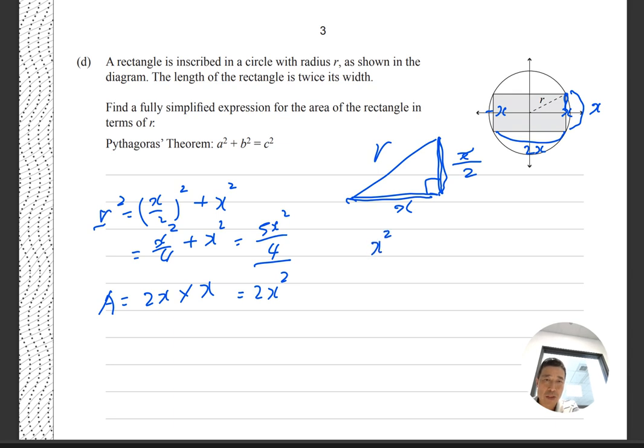So x squared is what? Simply 4 over 5 r squared. So we substitute this into the area equation, which is 2 times 4 over 5 r squared, which is 8 over 5 r squared. Find the area. Yes, that should be the answer, right? 8 over 5 r squared.